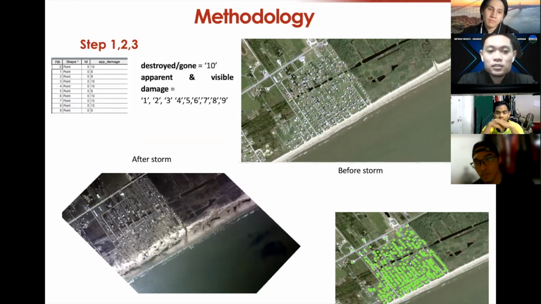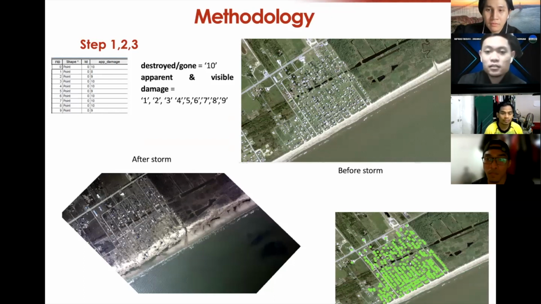If the scale is 10, it means the house is destroyed or gone, while 1 until 9 means visibly damaged, and 0 will display no apparent damage.